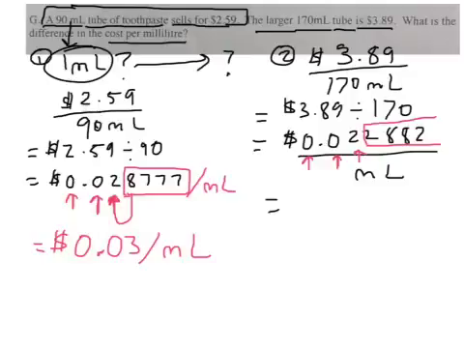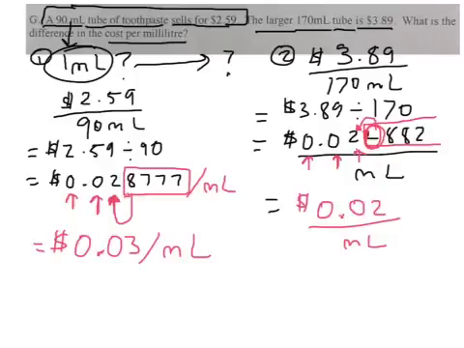So we have to figure out if this number after our penny column makes us closer to 2 cents or 3 cents. Because this 2 here is less than a 5, we can say that the amount is closer to 2 cents per milliliter of toothpaste in this tube.